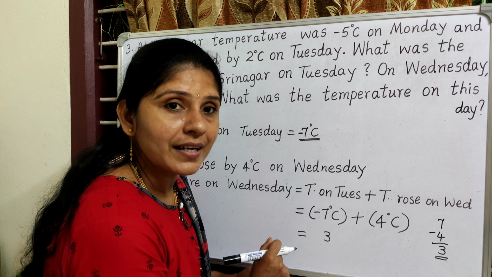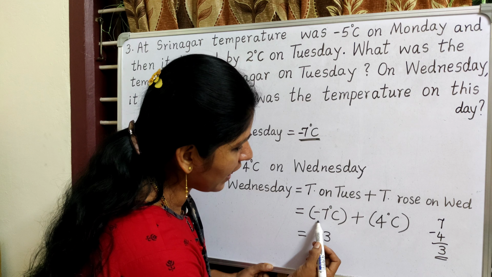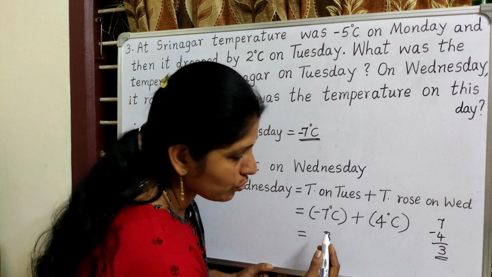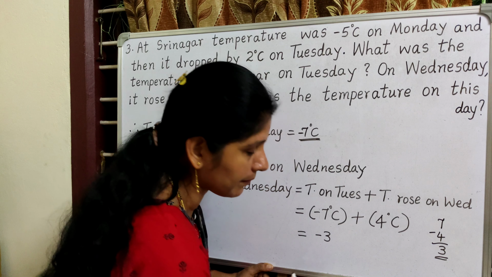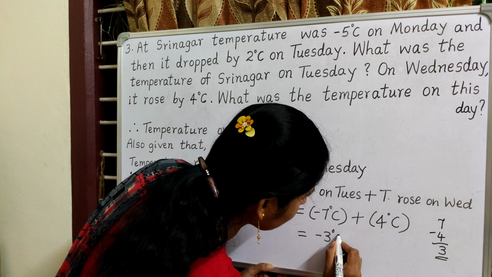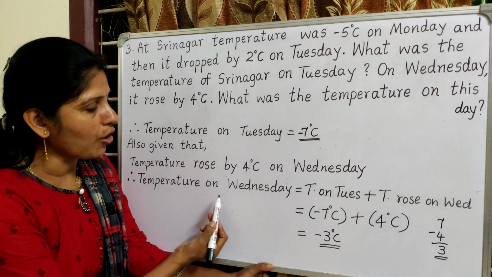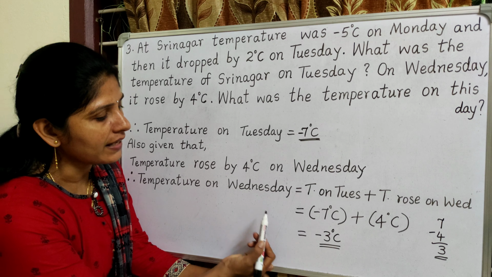The answer gets the sign of the number which has greater absolute value. The number which has greater absolute value is minus 7. So the answer gets minus sign. The answer is minus 3 degrees Celsius. Therefore, temperature on Wednesday is equal to minus 3 degrees Celsius.